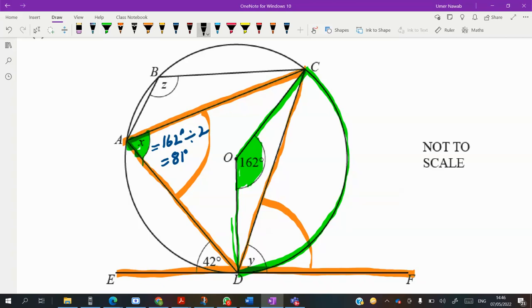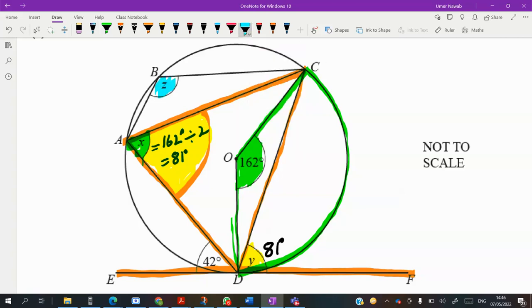So y is equal to 81. Y is making 81. The reason is that this angle which the chord is making on the circumference is equal to this angle which the chord is making with the tangent.